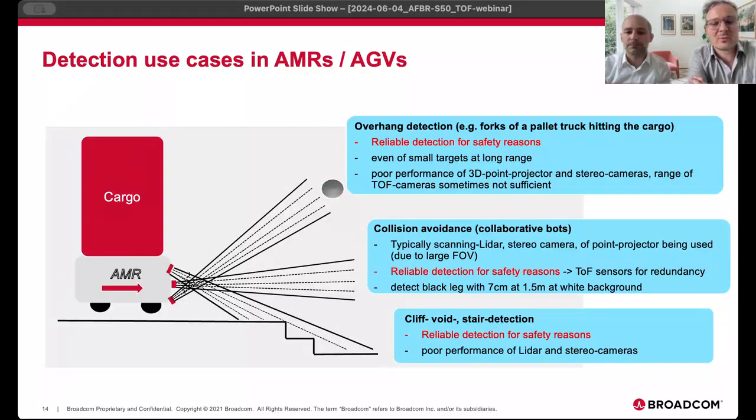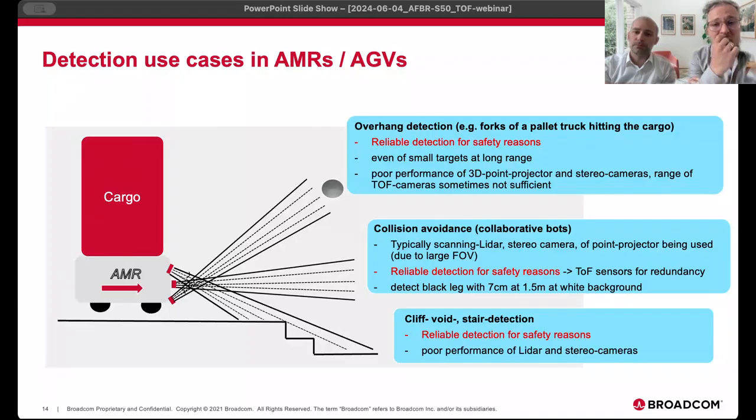They are loaded with heavy loads at a certain height, and could suddenly crash into the cargo of an AMR which is at the same height. So an AMR would need to detect the metal forks of such forklifts coming towards it. This is the use case of the overhang detection.